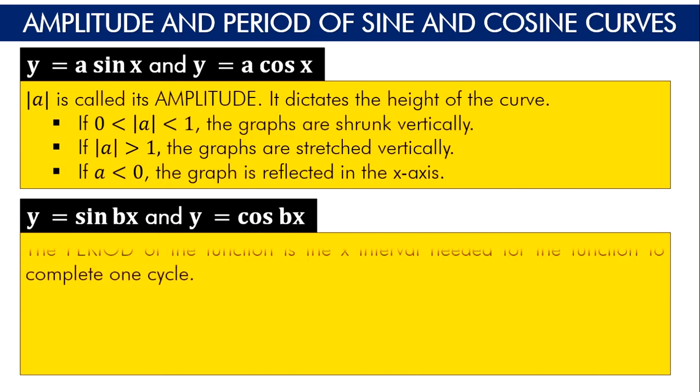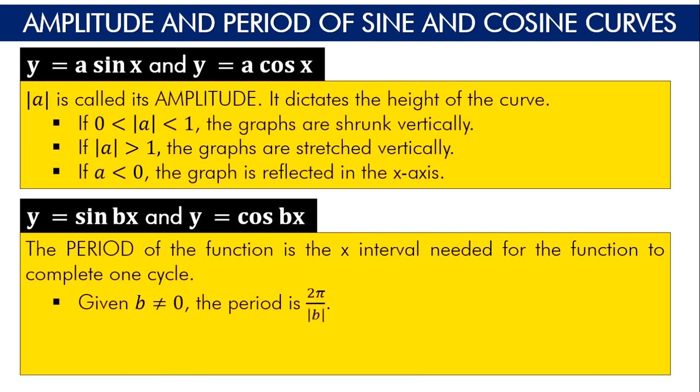And then the period of the function is the x interval needed for the function to complete one cycle. In its nature, when it comes to sine and cosine, its period is 2 pi. But if we have the form y is equal to sine bx and y is equal to cosine bx, where b is not equal to 0, the period is equal to 2 pi over the absolute value of b.